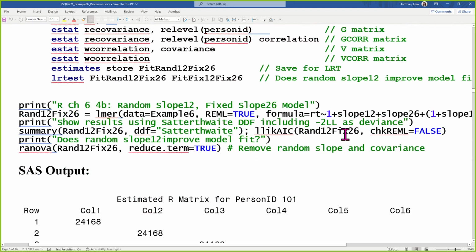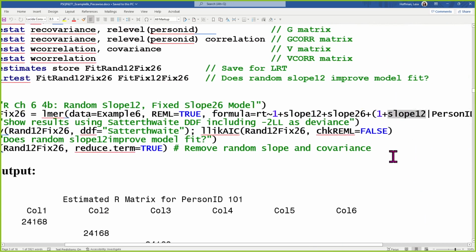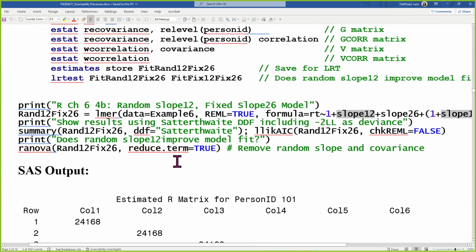In R, slope 1, 2 is right here and right here. 2 different places, 2 different things. And I'm using Anova to test whether this model improves the fit relative to the one that has only a random intercept. This command actually takes them out one by one and gives you all of the comparisons, so you just need to find the one that pertains to the slope that you just added.